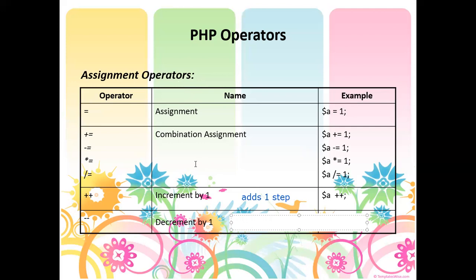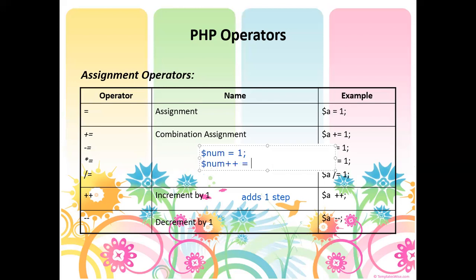So let's say I have a variable num, and it is equal to 1. With the increment, if I have $num plus plus, then this number 1 becomes 2, okay?